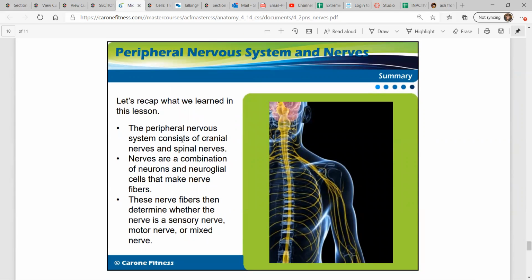Let's recap everything, because that is quite a bit to go through, but we'll go through additional lessons next time. The peripheral nervous system consists of cranial nerves originating from the brain and spinal nerves originating from the spinal column. And nerves are a combination of neurons and neuroglial cells that make nerve fibers.